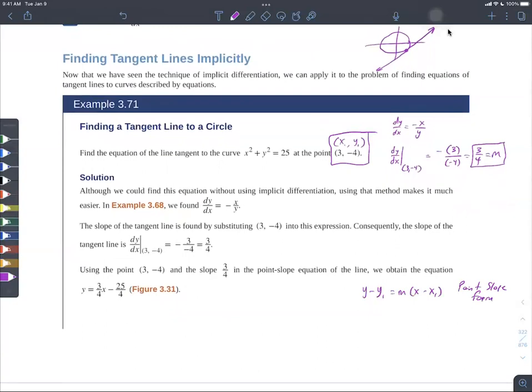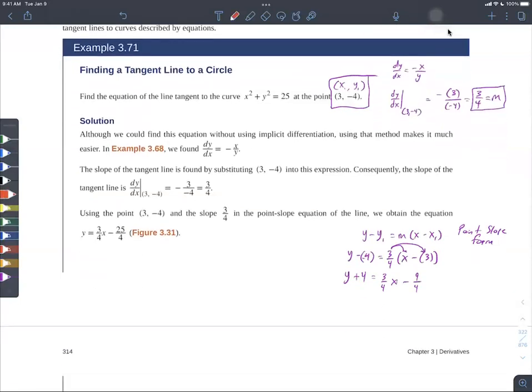And so we just plug in what we know, y minus y1 equals m times x minus x1. x1 is 3. And so now the double negatives there cancel, become positive 4 equals 3/4 x minus, and here we can say that that is minus 9/4.